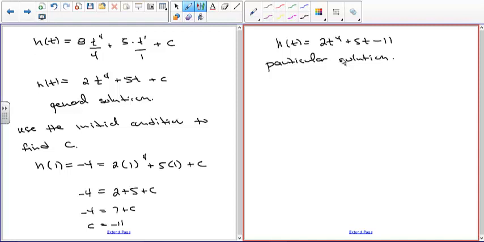By specifying the initial condition, we're able to figure out exactly which curve we are on, the particular curve that we're on. That's why it's called the particular solution. Okay, we'll do this again in chapter 6.